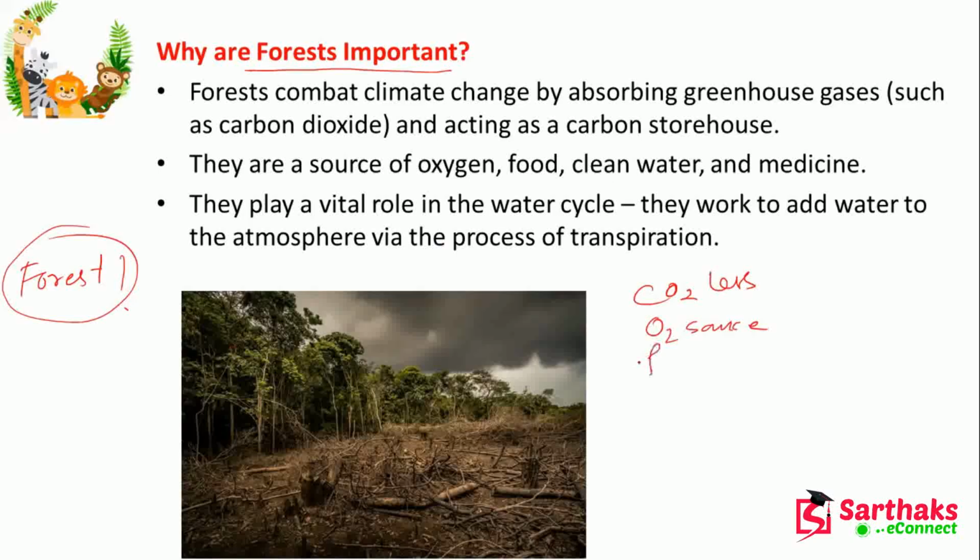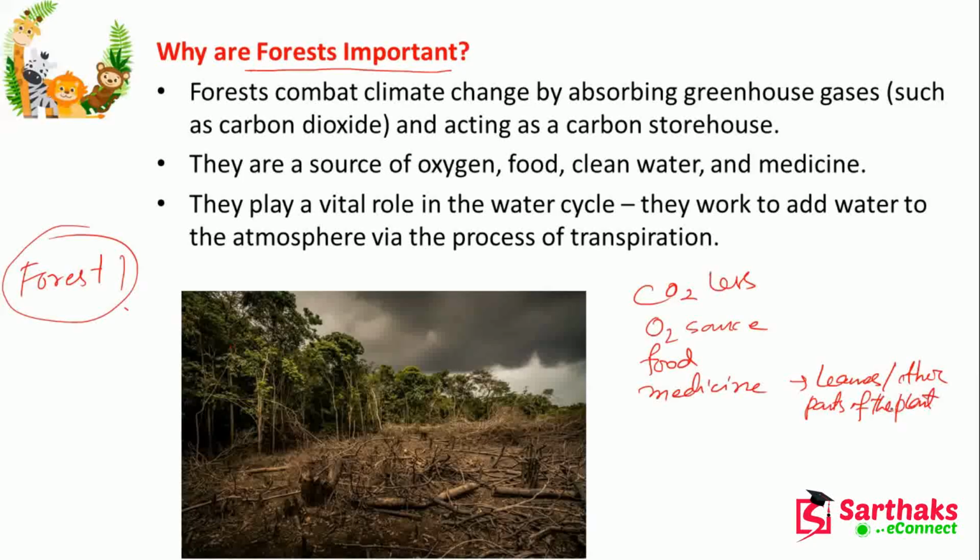It's a source of oxygen, food, obviously, the leaves we are eating, the fruits we are eating. Also the animals which are inside the forest, sometimes we are eating those. So these are the food animals, and to make any medicine also, we require the leaves and other parts of the plant.